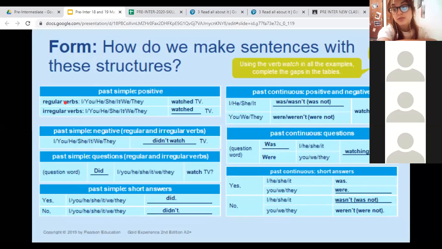Like watch. For example, I watched TV. When they are in the past, we add ed. Very good. So in this case, the verb is the same for all the pronouns.